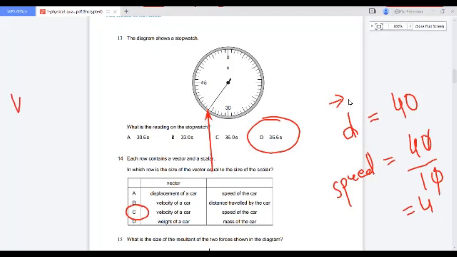You know that weight is W equals mg and mass is only m. So when mass is multiplied by g, which is 10, weight is approximately 10 times the mass of the object. So mass and weight are also not equal, so the correct option is only C.